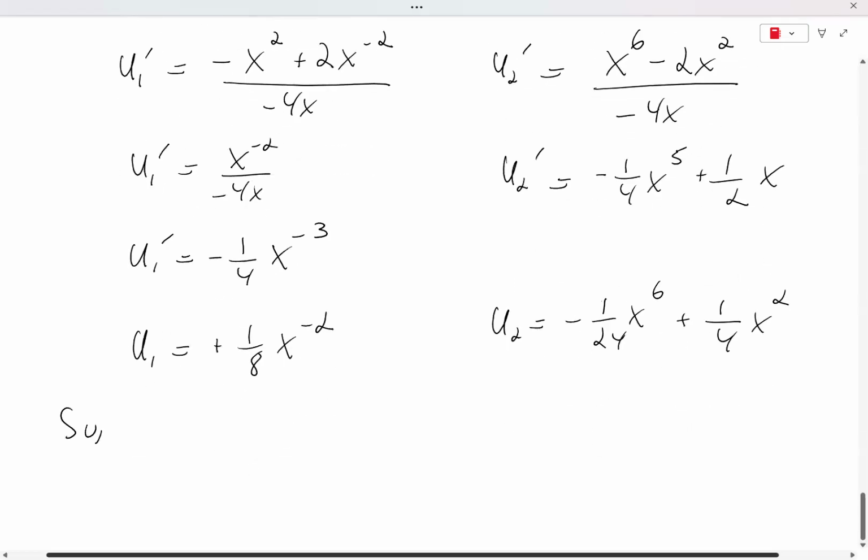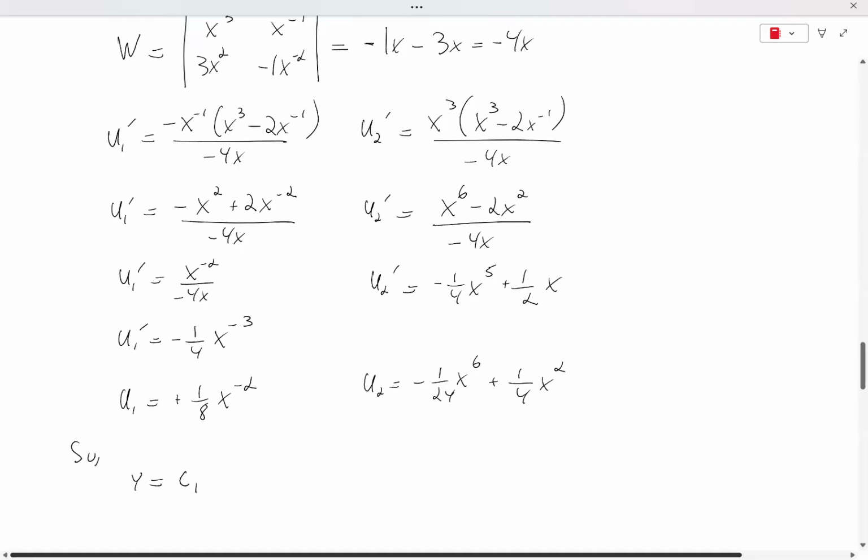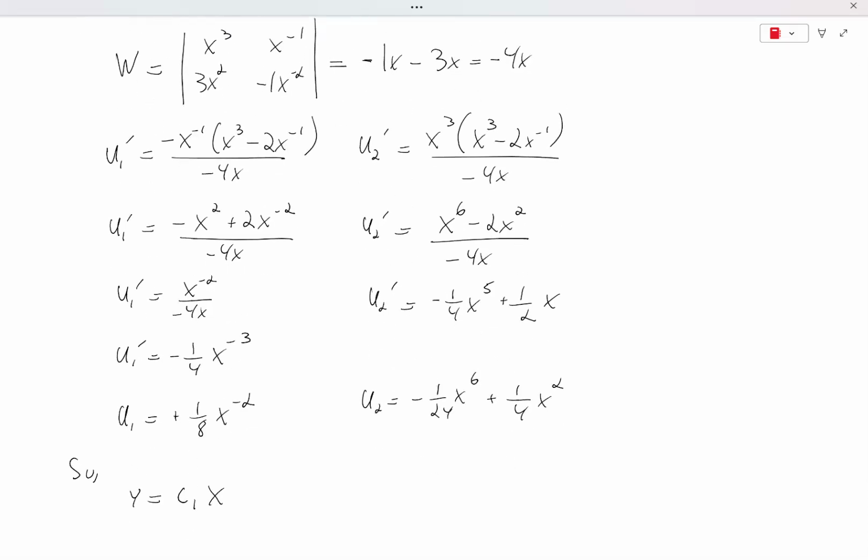So then finally, we could say y is equal to c sub 1 x cubed. I'm reading back up off of this now, plus c sub 2 x to the negative first, plus u sub 1, which is 1/8 x to the negative second, times x cubed.